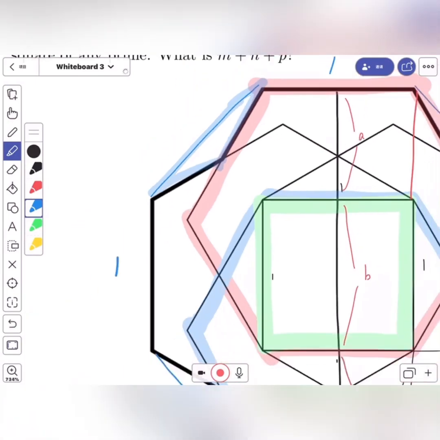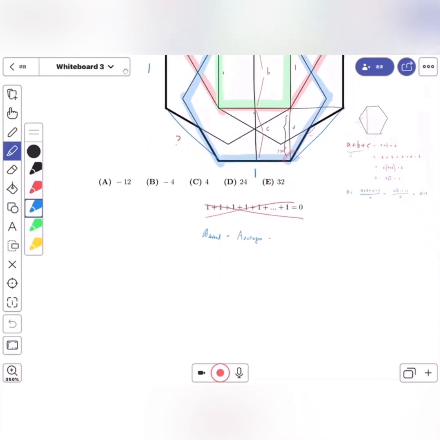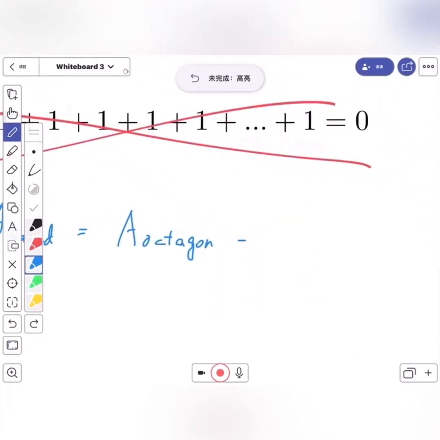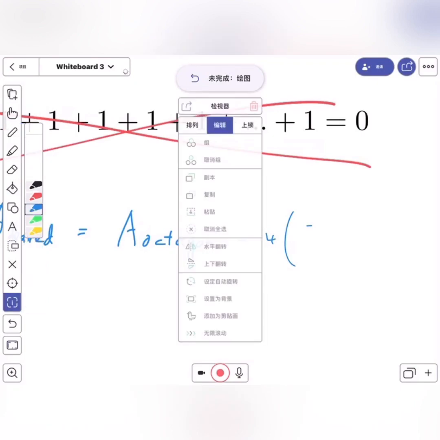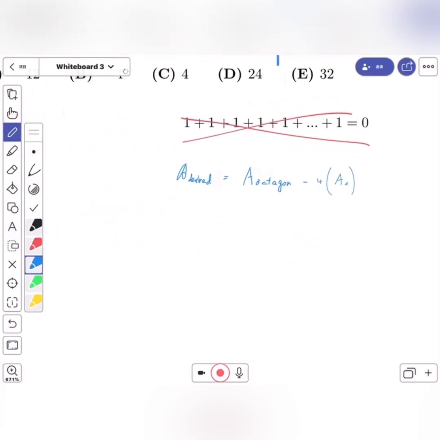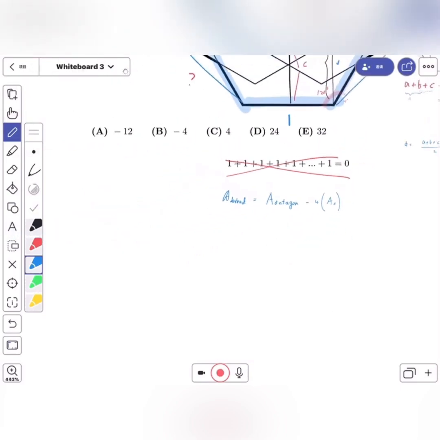So we're going to subtract these triangles, so minus 4 times the area of the triangles. So, okay, what is the area of the octagon?